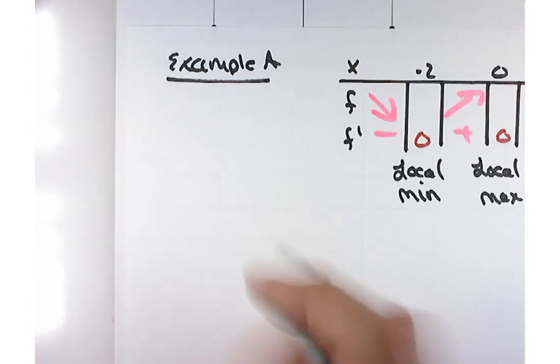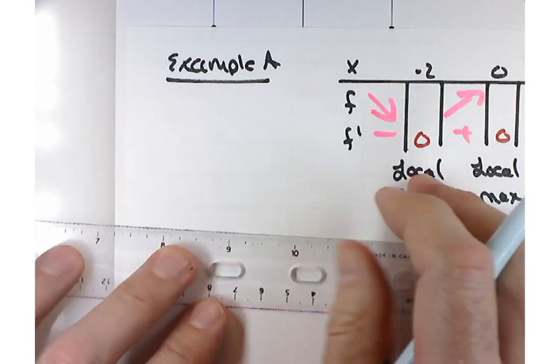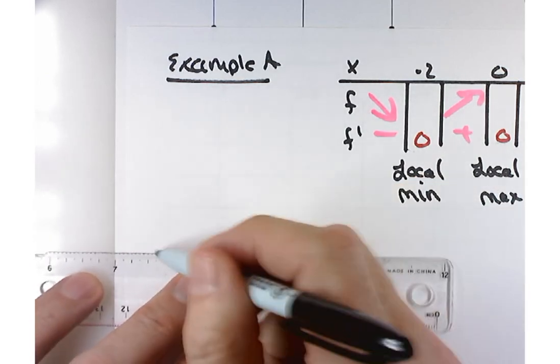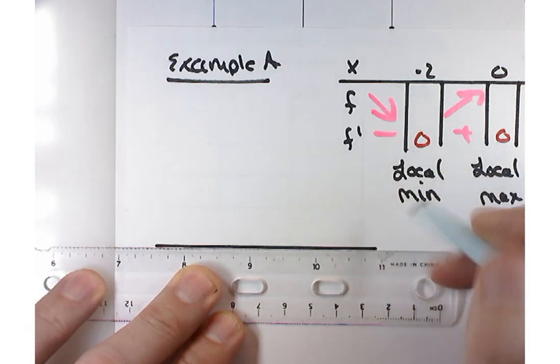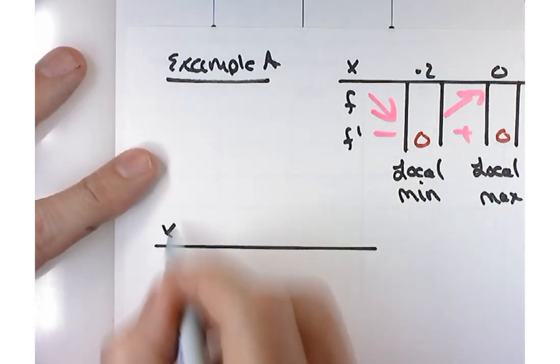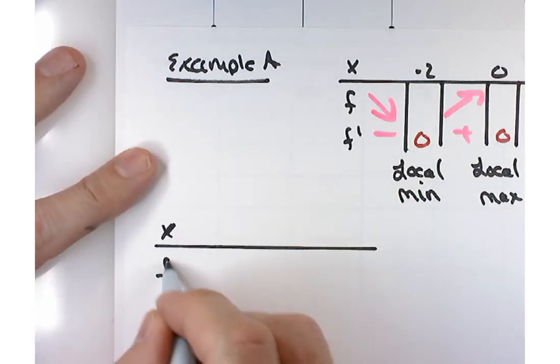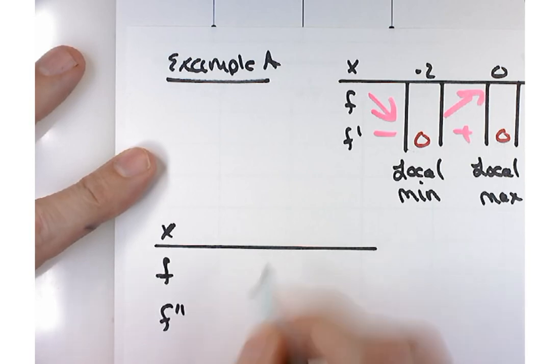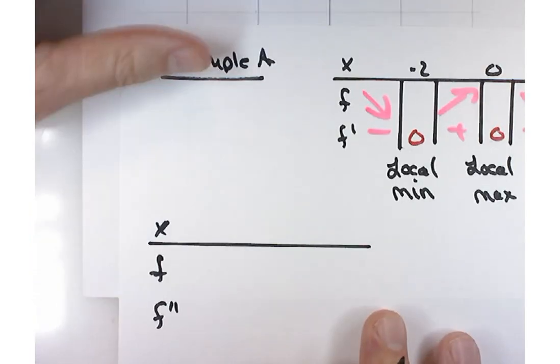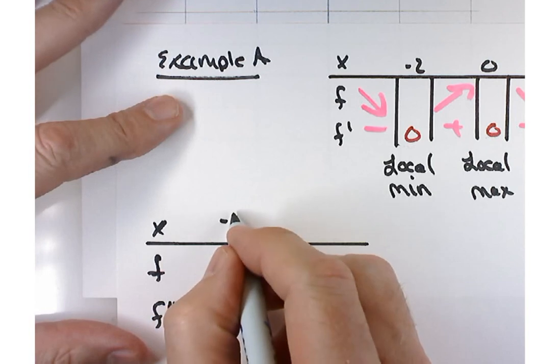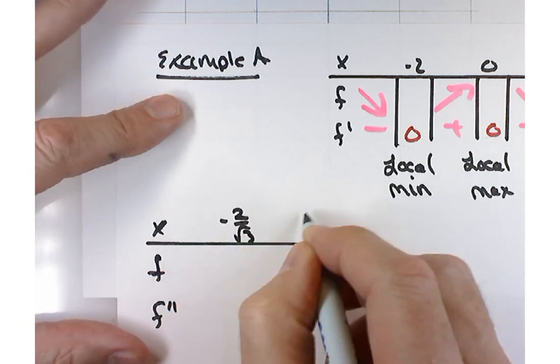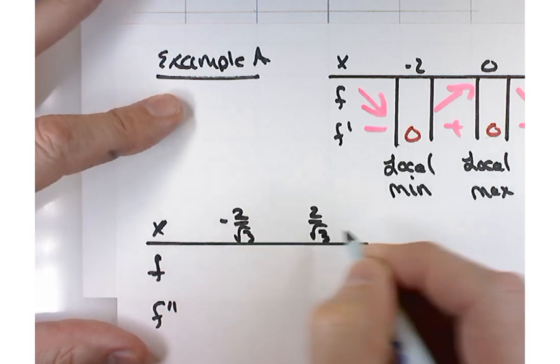All right, so let's do another little chart here. X, F, and F double prime. So putting these in order, that'd be negative 2 over the square root of 3 and 2 over the square root of 3.